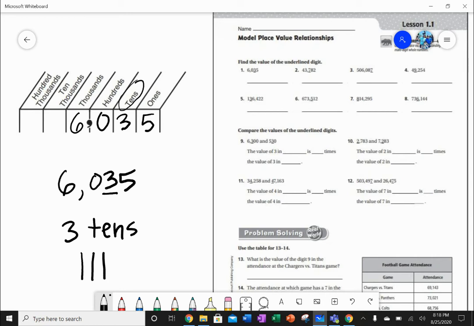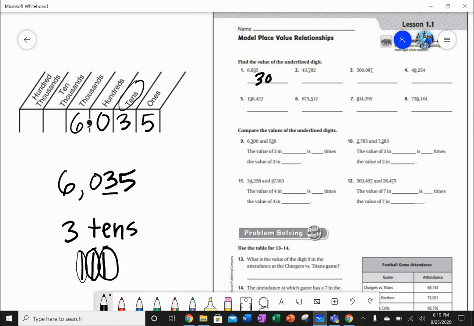After I draw my 3 tens, they're all 10, so that means they're a group of tens, so I can count by tens. So then I'll go 10, 20, 30. Oh, the place value of the 3 is 30 because I have 3 tens and that's 30. So then I would put here in my line that this is 30. So 30 is the value of the underlined digit.